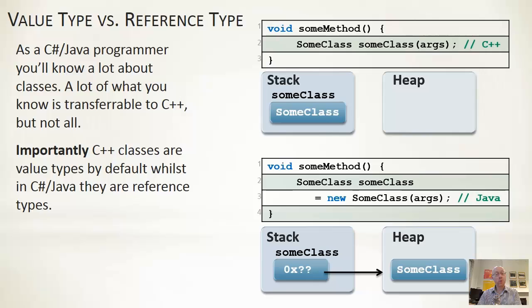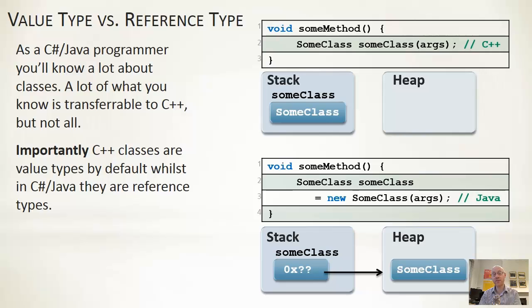That will create, because it's the new keyword, allocate space on the heap for storing that object, and we get to access that object through the some class reference as a reference variable. Effectively, it's, if you like, a static pointer. It always points to that object, and that's our way of accessing those objects. So it's always indirect through a reference.